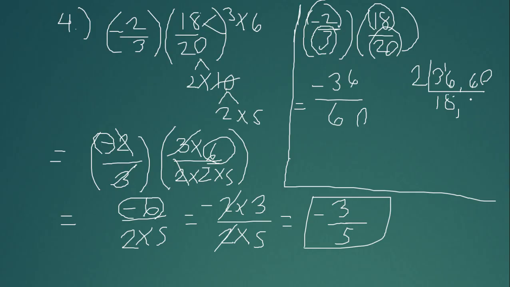How many 2 sa 60? 30. Then pwede pa sa 2. How many 2 sa 18? We have 9. How many 2 sa 30? We have 15. So, pwede pala sa 3. How many 3 sa 9? We have 3. How many 3 sa 15? We have 5.